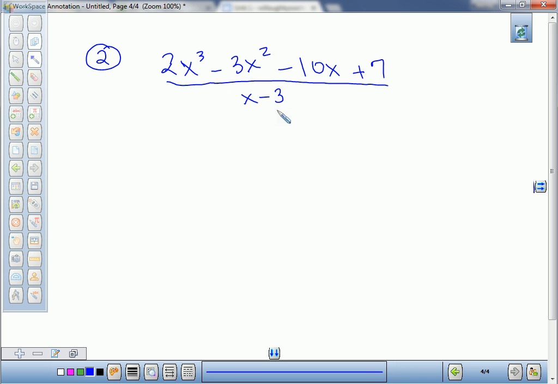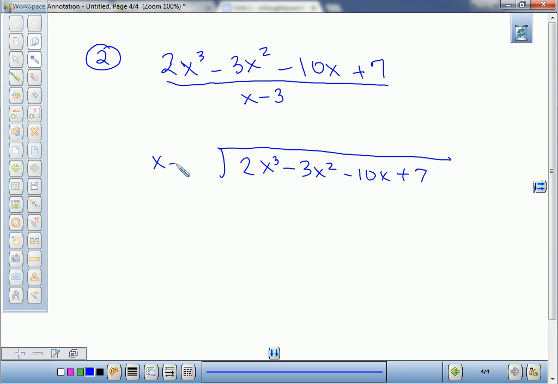Okay, so the first thing we do is set it up the old-fashioned division way. The dividend, what we're dividing into, goes under. The divisor, what we're dividing by, comes out here.